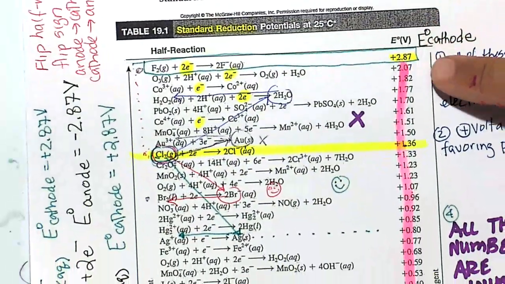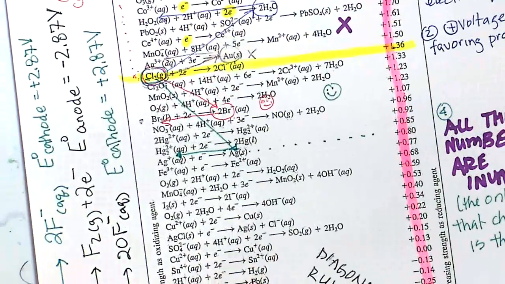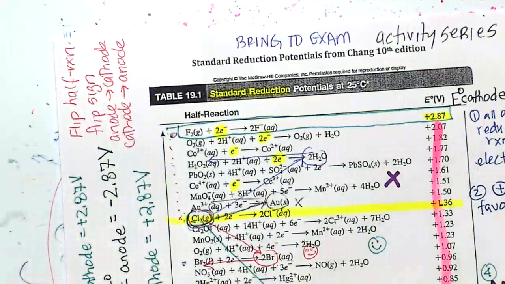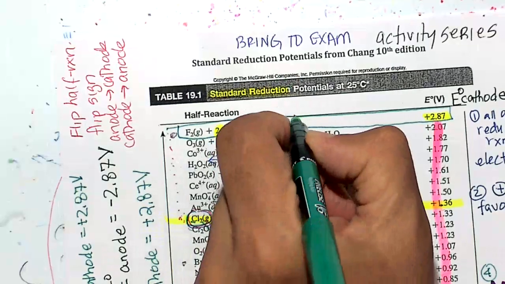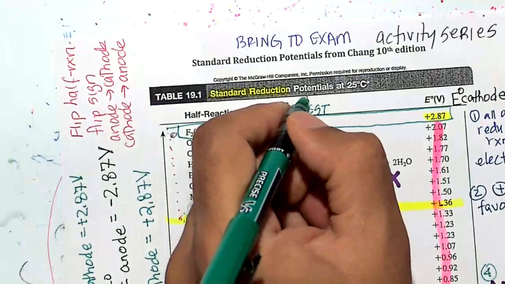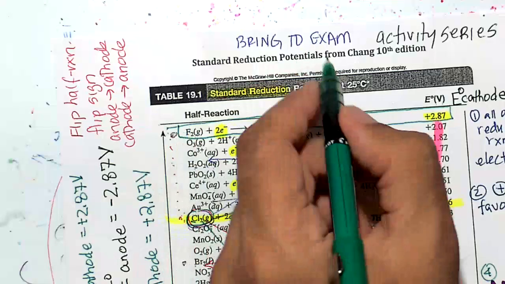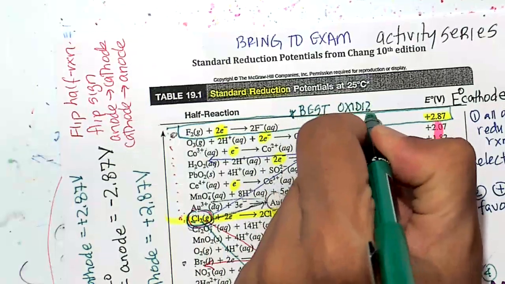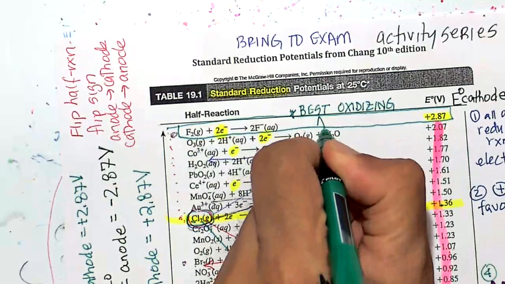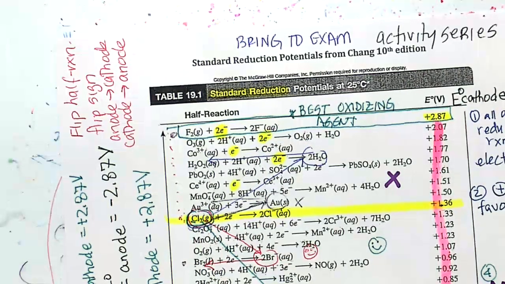It can oxidize anything below it, this whole list down the column. So this is the best oxidizing agent in this table. Remember, it is the one getting reduced that is the agent that causes my oxidation. It can flip everything beneath it.